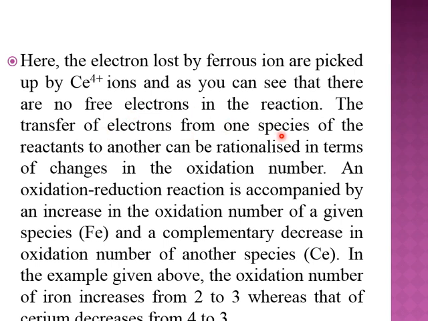Transfer of electrons from one reactant species to another results in a change in the oxidation number. The oxidation number of ferrous changes from +2 to +3, an increase, so it is oxidation. Cerium's oxidation number decreases from +4 to +3 because it gains an electron, so it is reduction.